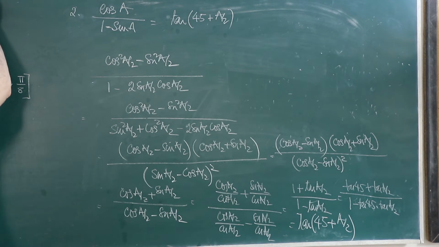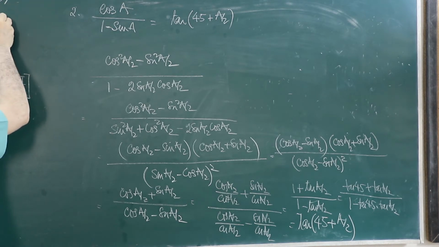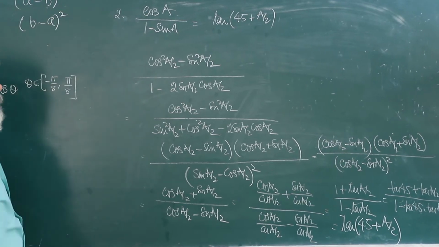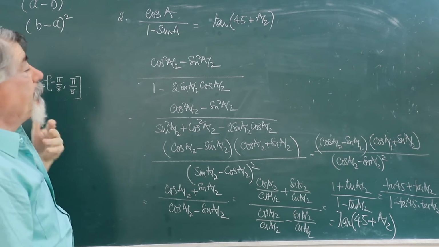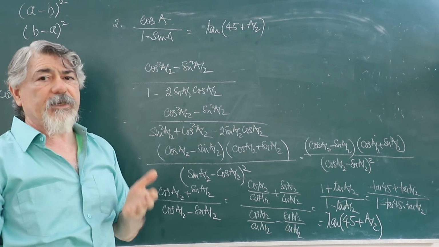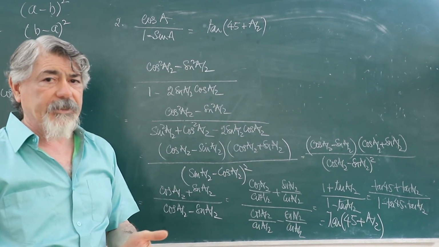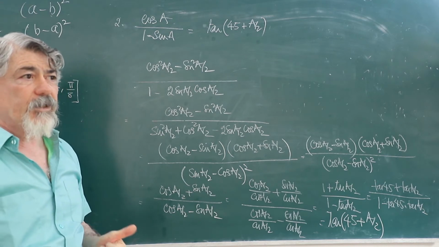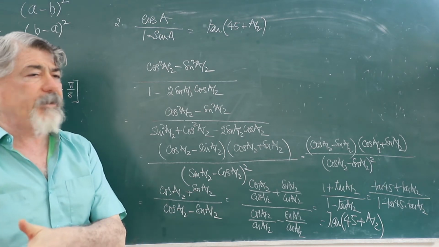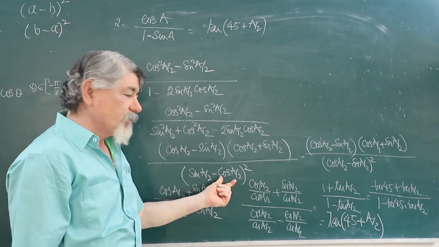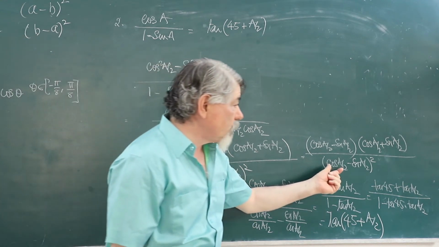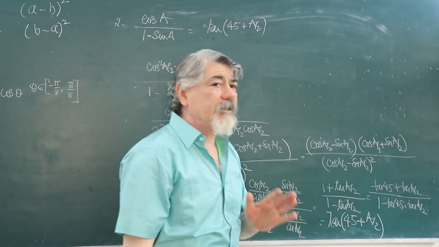Whether it is (A minus B) whole square or (B minus A) whole square, both are the same because of the square. A minus B whole square is A square plus B square minus 2AB, and B minus A whole square is B square plus A square minus 2AB. So they are the same, whether I write sin a/2 minus cos a/2 or cos a/2 minus sin a/2.